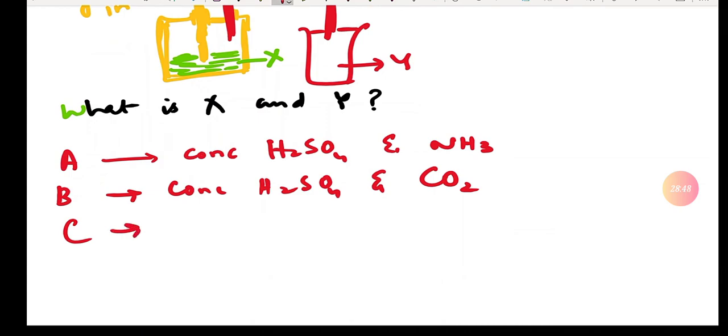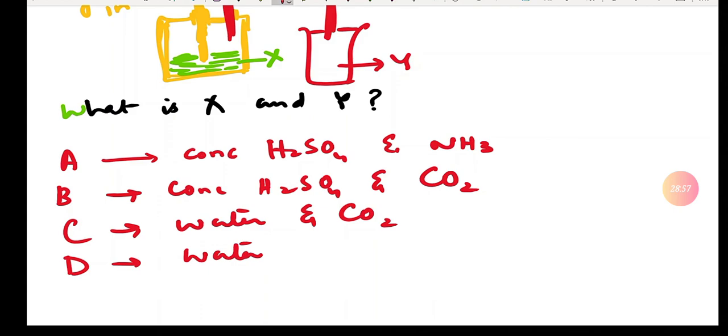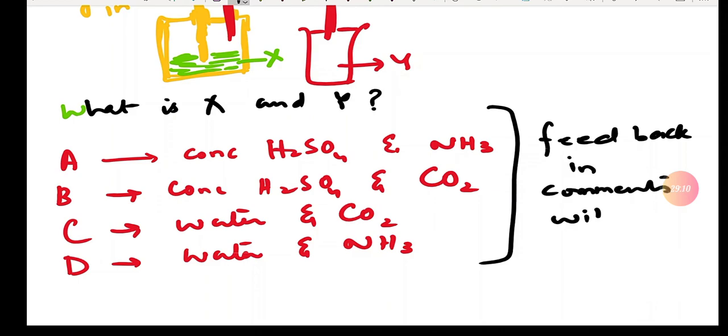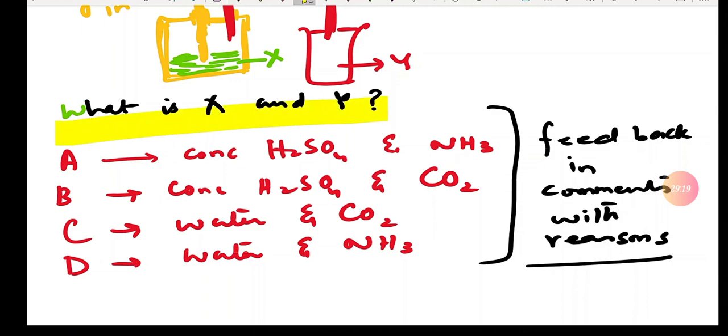Option C, water and CO2. Option D, water and ammonia. You can choose your answer and give your feedback in the comments with reasons. I will be looking for it, and of course the answers I would like to have from you.